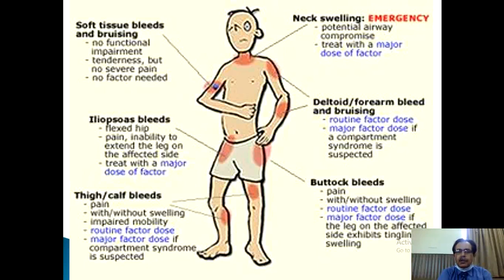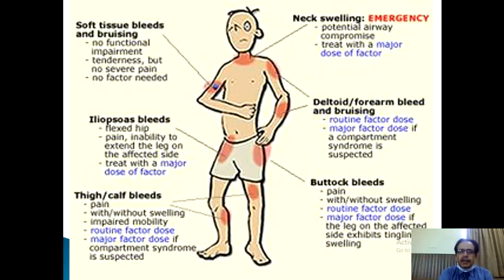So here the patient is having paresthesias. Then iliopsoas bleeds can present with a flexed hip, and the patient will be complaining of pain and of inability to extend the leg on the affected side, and you have to treat that patient with a major dose of the factor. Then soft tissue bleeding in the lower arm. Earlier I mentioned the deltoid muscle.